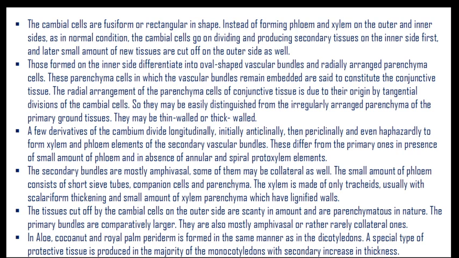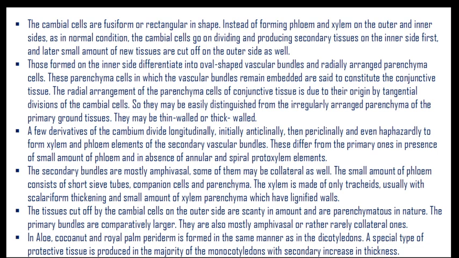The radial arrangement of the parenchyma cells of a conjunctive tissue is due to their origin by tangential division of the cambial cell. What is meant by tangential division? That is a transverse division. So they may be easily distinguished from the irregularly arranged parenchyma of the primary ground tissue. They may be thin walled or thick walled.